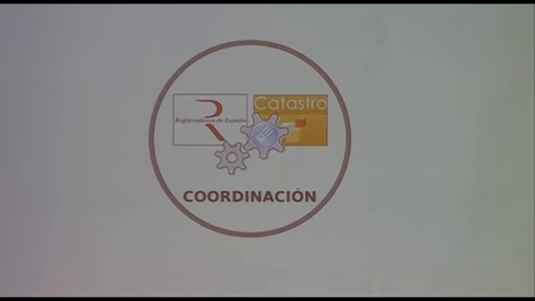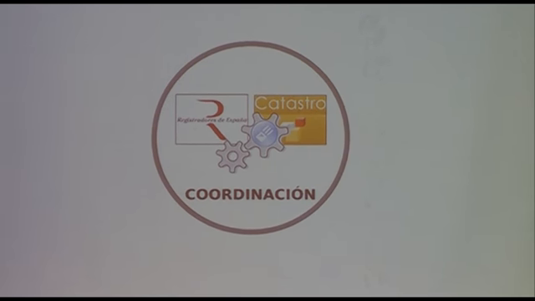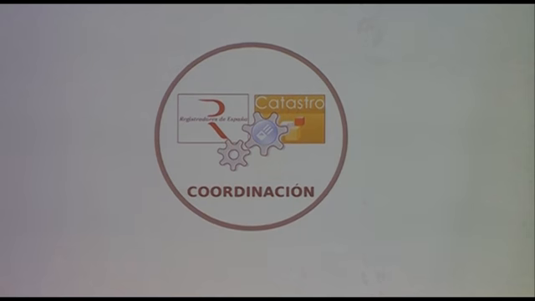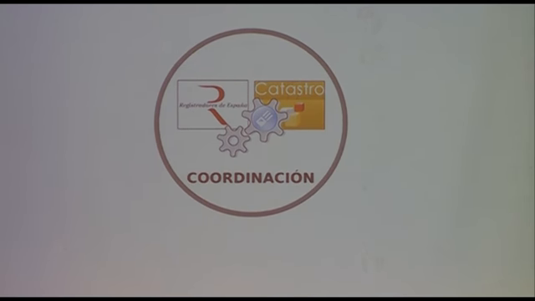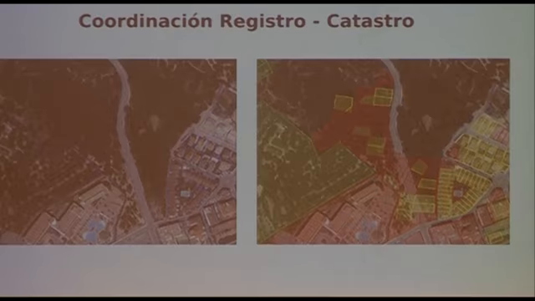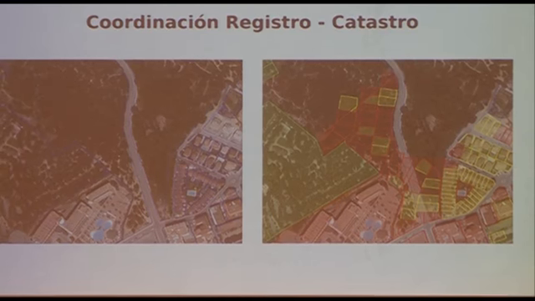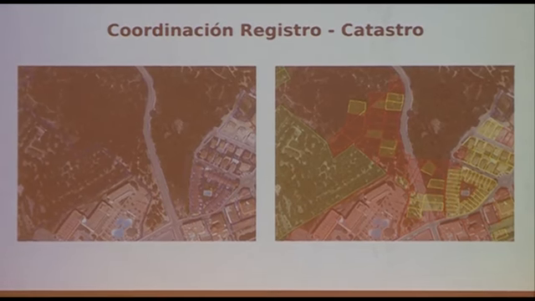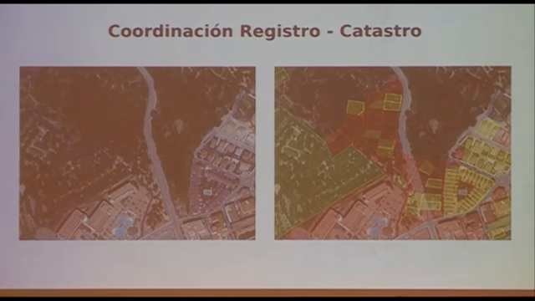After the validation procedure, coordination takes place with the cadastre office. This coordination step allows the registrar to compare data in both institutions. Let me show you an example to illustrate that the same information might not be stored in the registrar's office and the cadastre office.